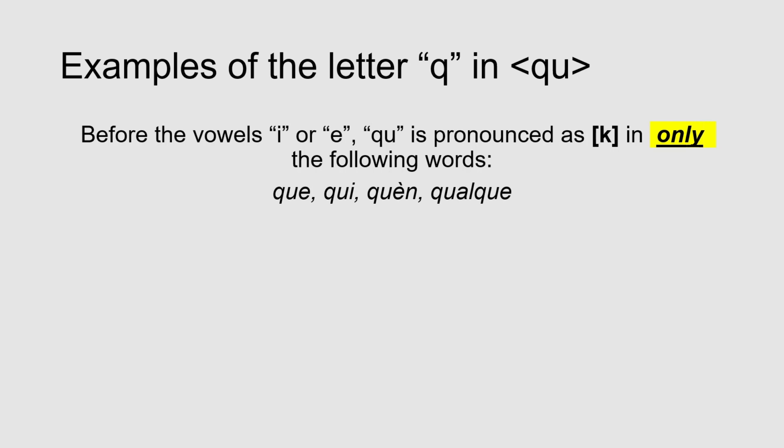the following words. Que, which means what, or the relative pronoun that, such as in the example sentence, he needs a phone that works. Ki, which means who. Ken, which also means who, it's a synonym, and qualque, which means some, such as in qualque dia, which means someday.